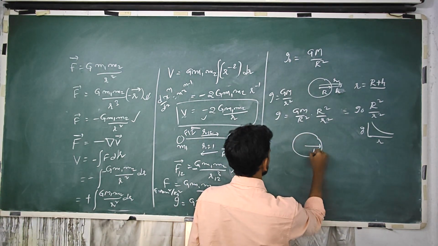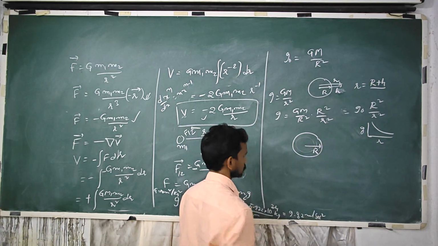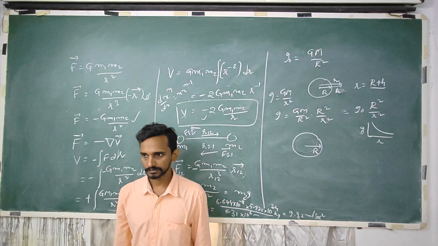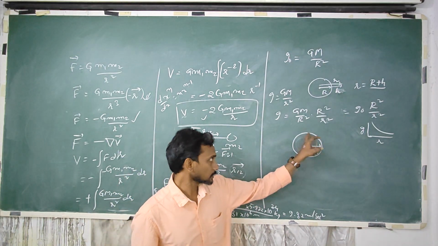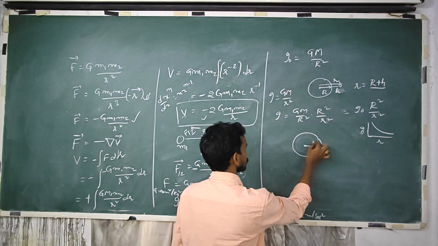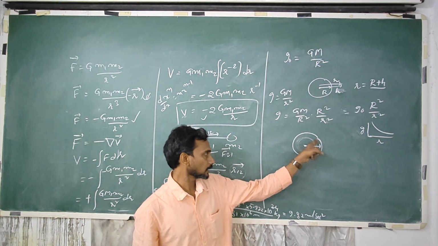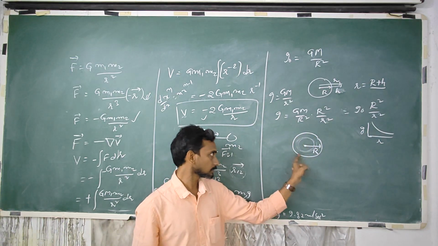So this is R, and when you are confining to a lower radius shell, you have to subtract the mass of the material. Now the contribution to gravity comes from only this sphere.